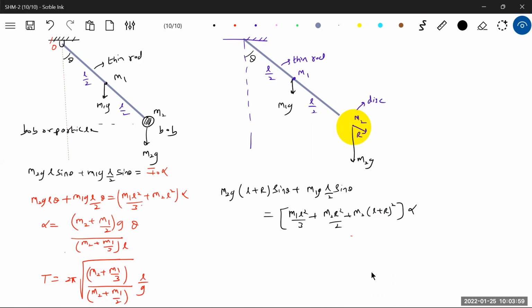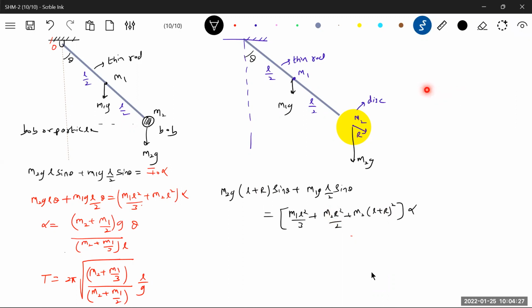If we mention that L is very much greater than r, or something like this, in that case you can take r out. R negligible here. If you put a condition, then it will become similar to the earlier case, so this quantity has to be considered here.